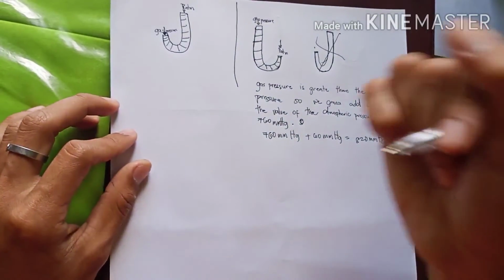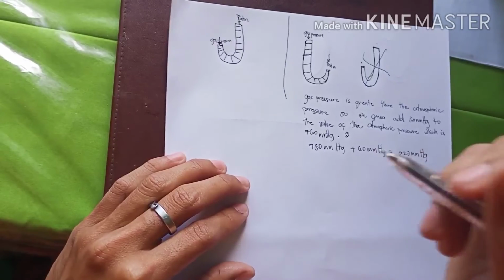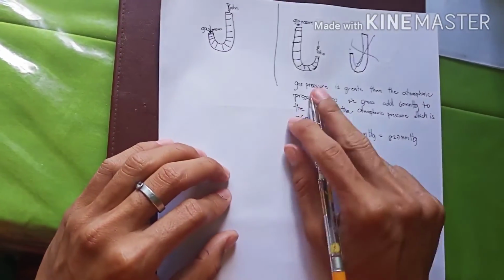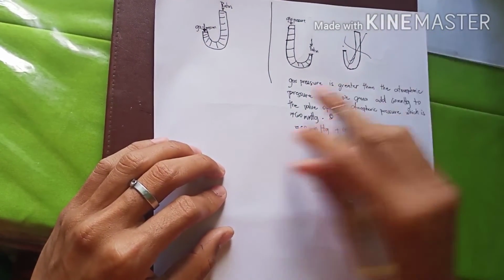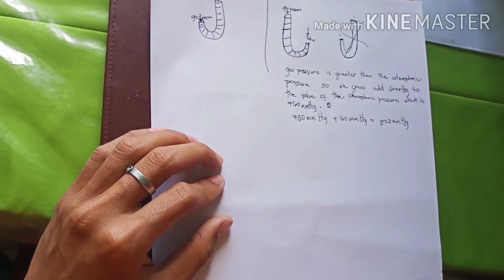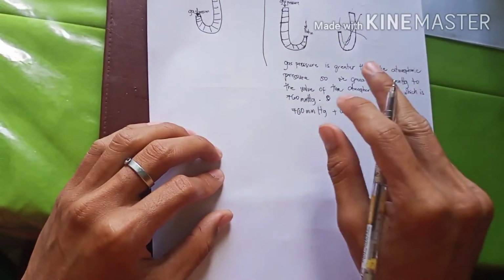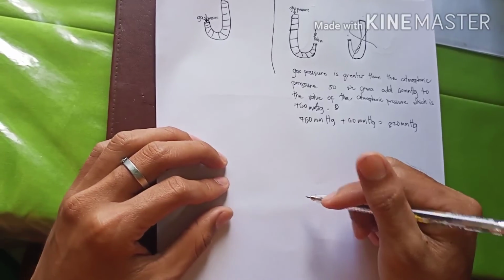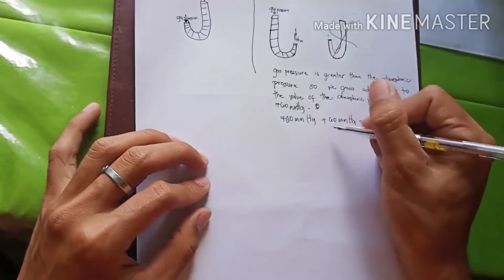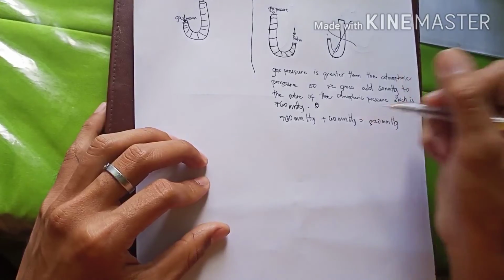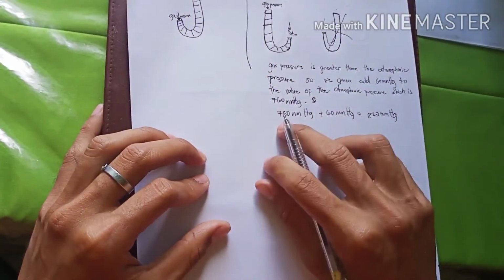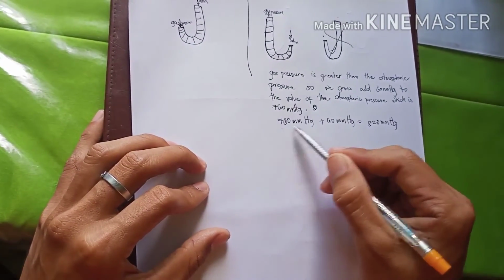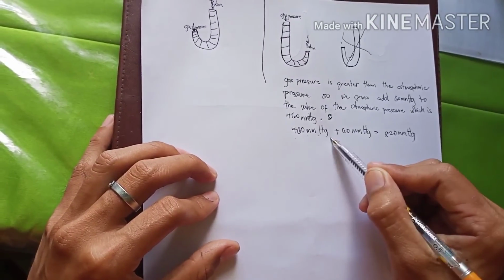Because if the gas pressure is lower than the atmospheric pressure, then we subtract 60 millimeter of mercury from the value of the atmospheric pressure, which is 760 millimeter of mercury.